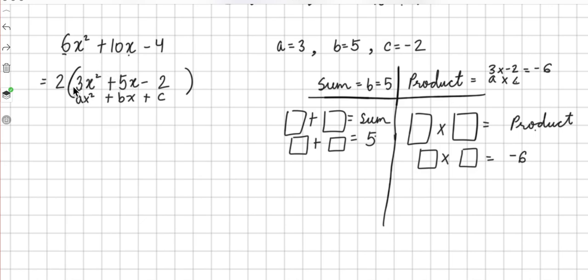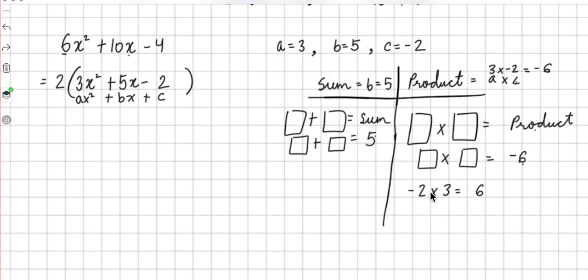Let's see how. So this is a negative 6 here. Let's see how we can get the 6 first of all. We know 2 times 3 is going to be 6 here. Now maybe 2 is going to be negative, maybe 3 is going to be negative. Since the sum is positive here, the smaller number is going to be negative.